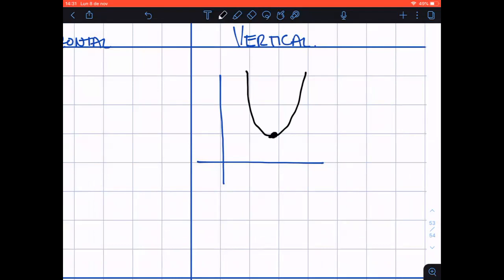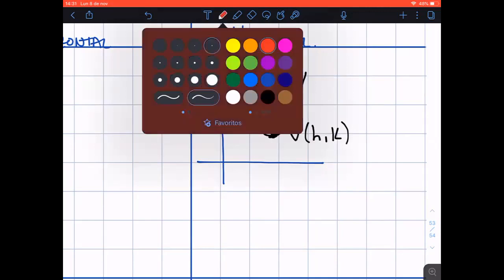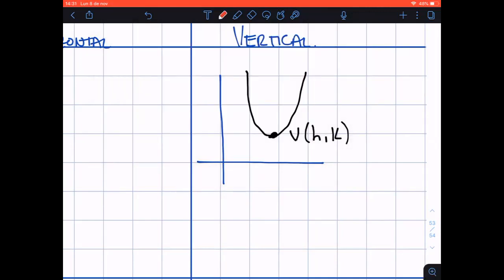Let's find the vertex. Your vertex always will have coordinates h, k, okay? As we have seen in the previous parabolas, you will have a focus and you will have a directrix. The focus is a point that will always be inside the parabola. And the directrix will always be outside the parabola, okay?